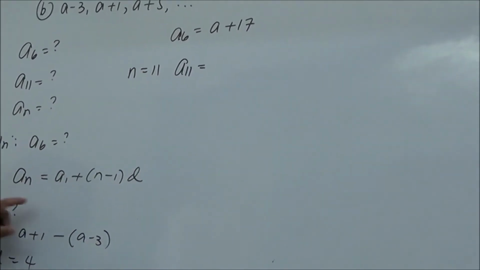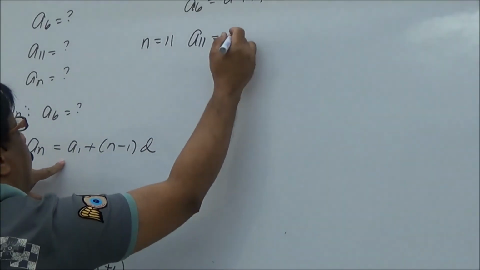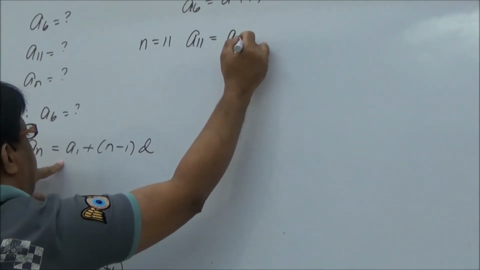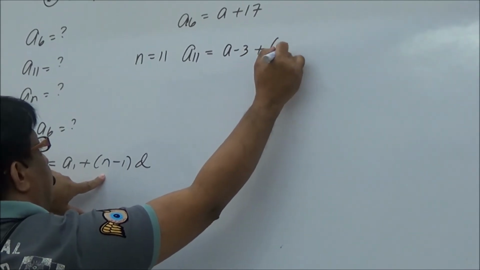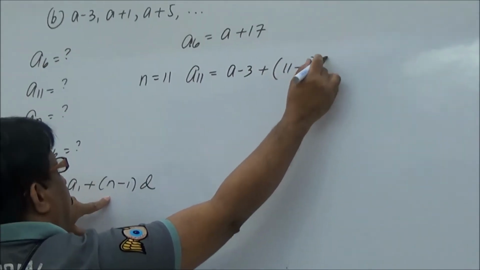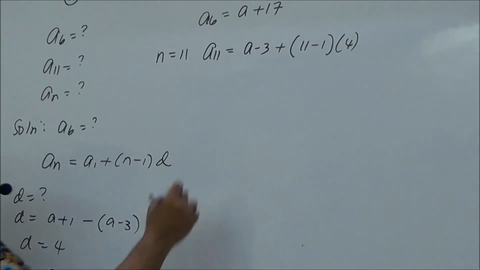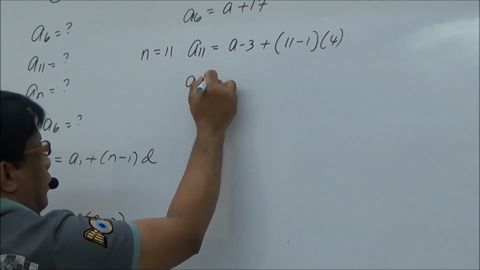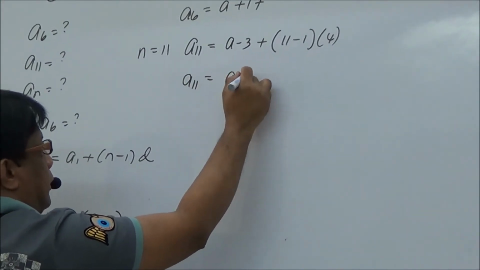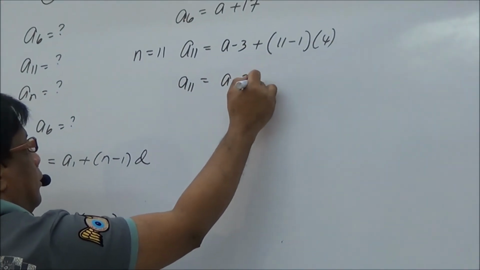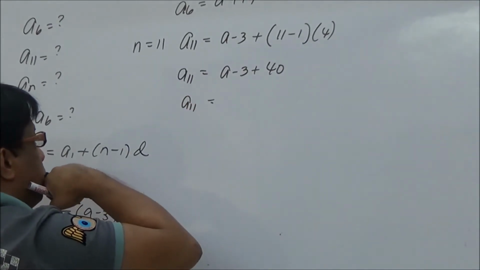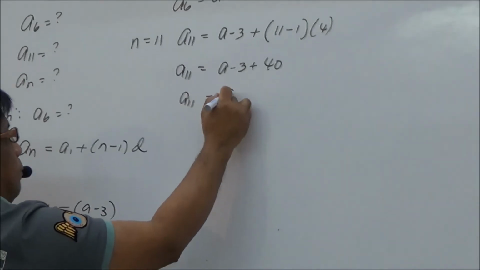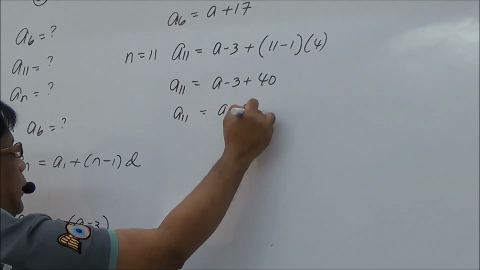So using the formula, a1 is a minus 3, then plus (n is 11 minus 1) times d, which is 4. And from here, a sub 11 now is a minus 3 plus 40. So a sub 11 now will be a plus 37.